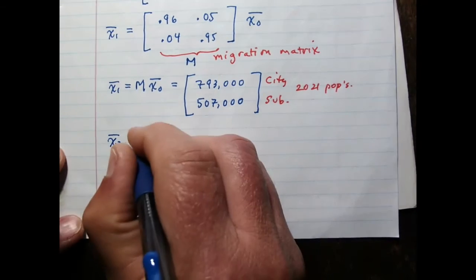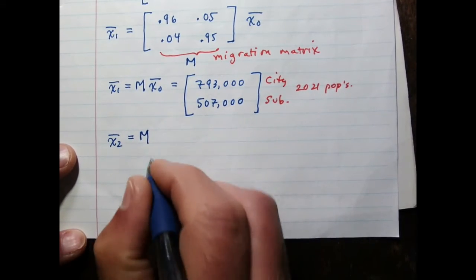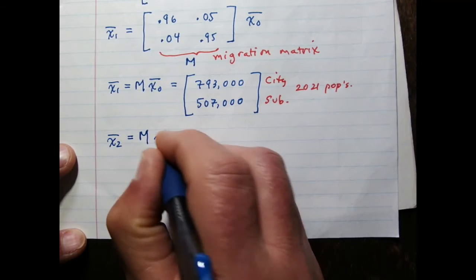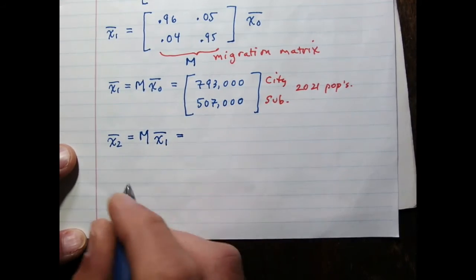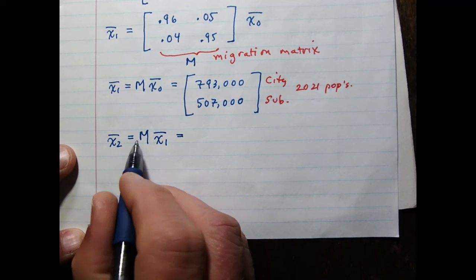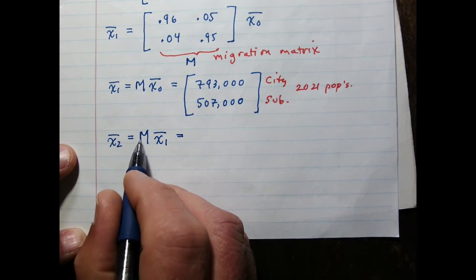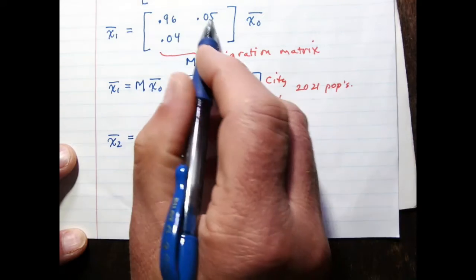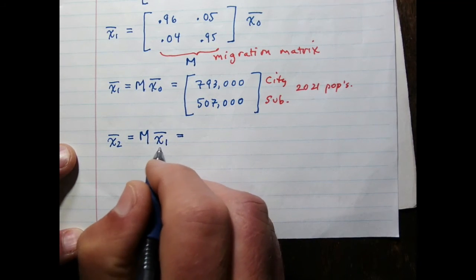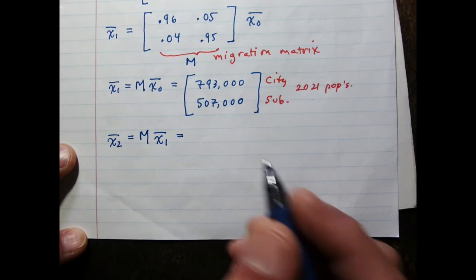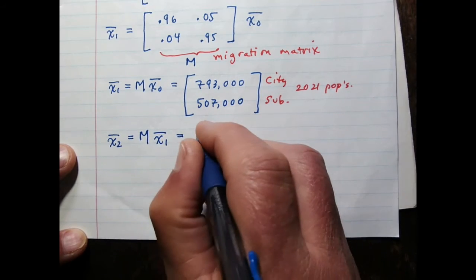This just amounts to taking the migration matrix times x1. So we can use that same migration matrix again, because that same trend applies year after year, multiplying by the population in 2021 to get the population in 2022.